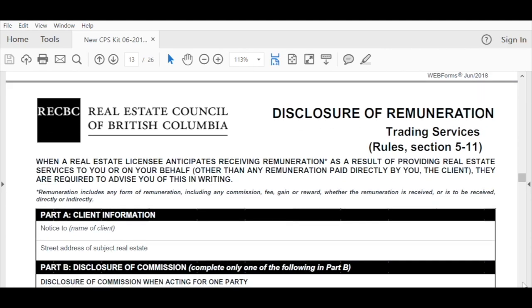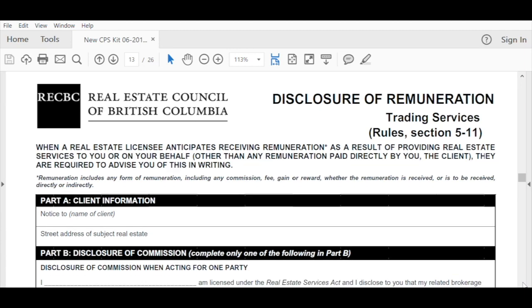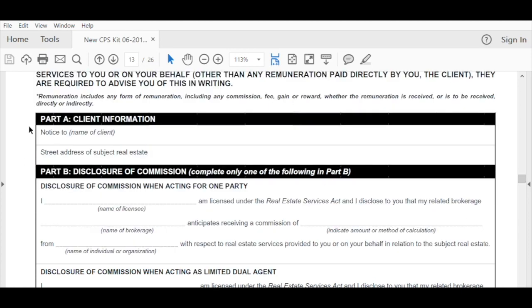And then of course, if you are in the course of preparing the contract of purchase and sale, you need to finish this disclosure of remuneration, so that the client's name and the subject real estate address and your personal name, the brokerage name which is interlinked, and how much you are going to receive by way of percentage or a dollar amount from the seller, I presume.